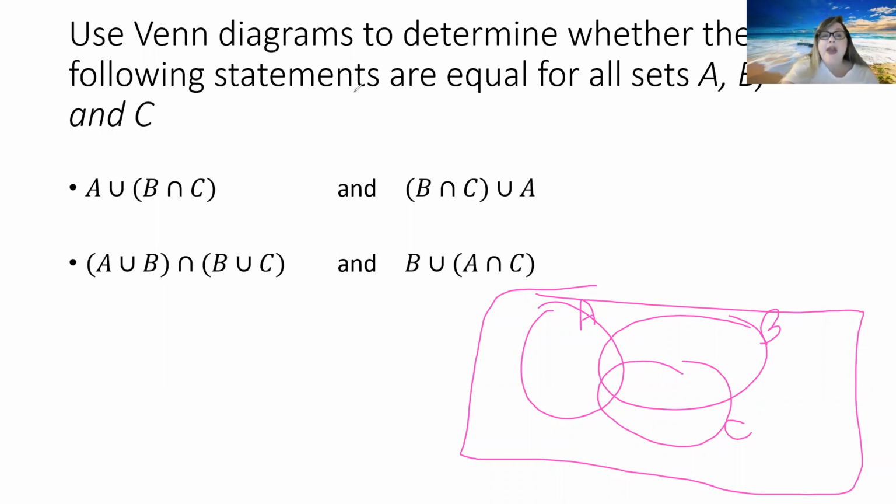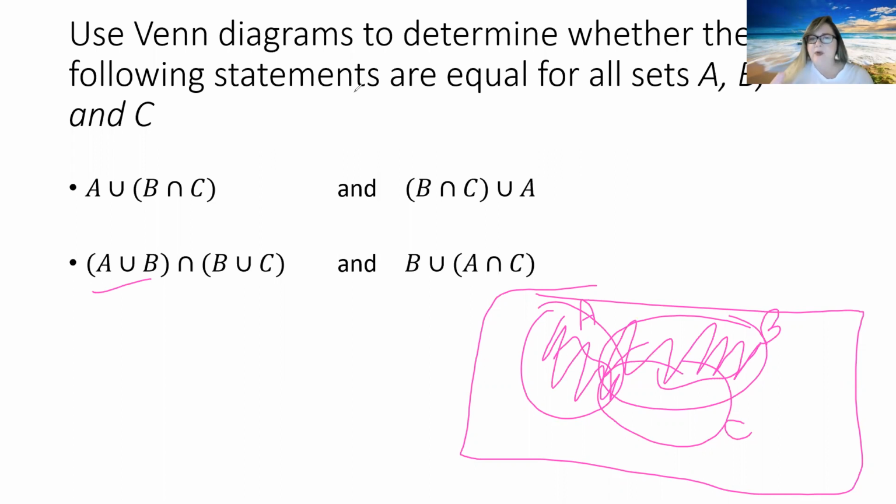Okay. A or B. A or B means everything in A or everything in B, right? So we got to color in all of the circle A, all of the circle B. And B or C. Well, B or C means all of the circle B. Let's change colors. All of the circle B, all of the circle C. So the and is where they overlap, right?